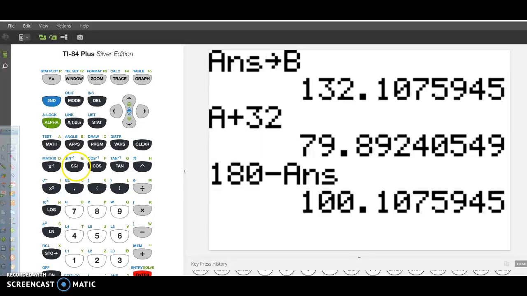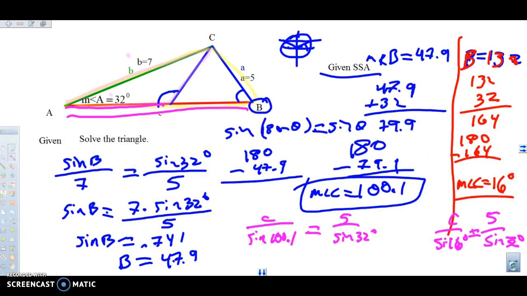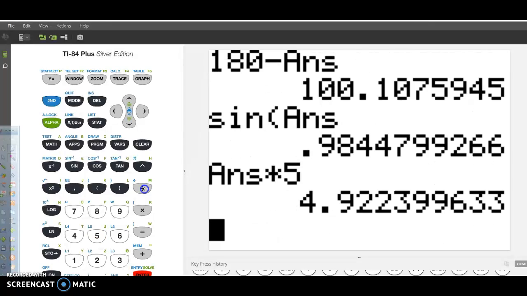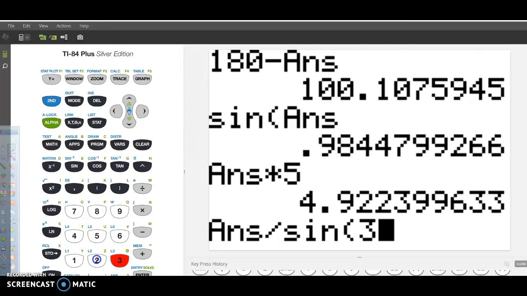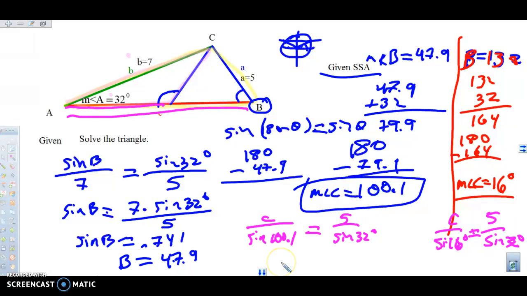So we take the sine of that answer, multiply that by 5 and divide by the sine of 32. And that one's 9.29. So 9.29 is the one possibility here. Right here, C equals 9.29.